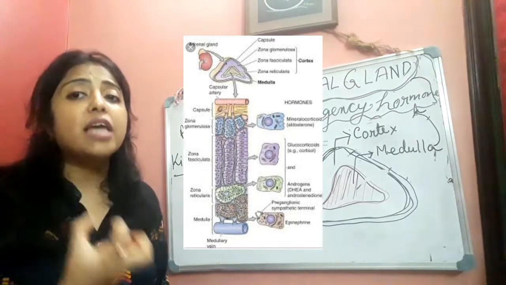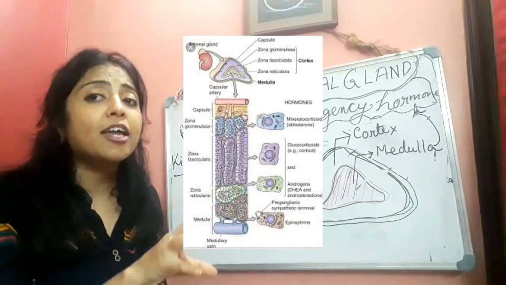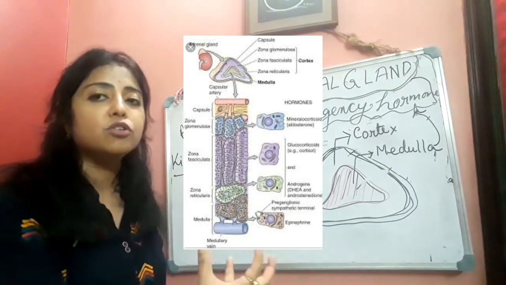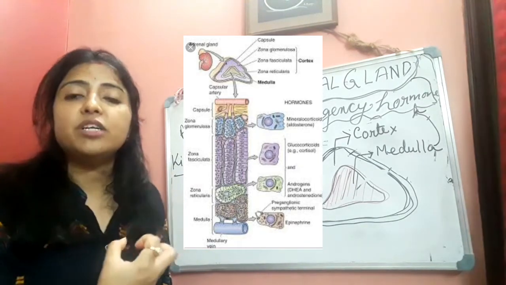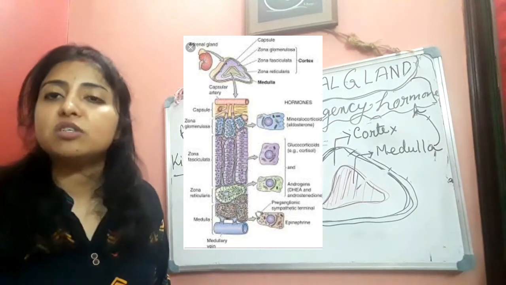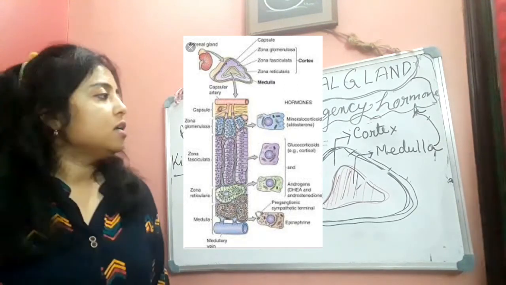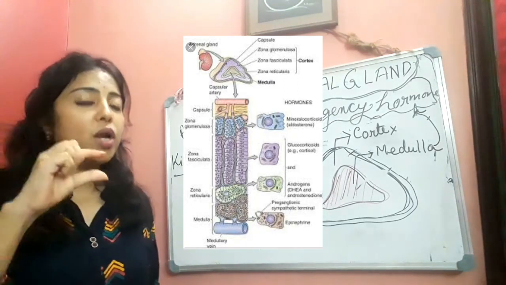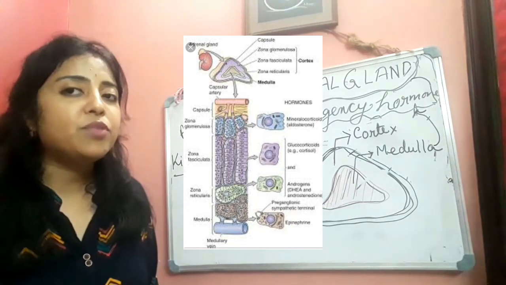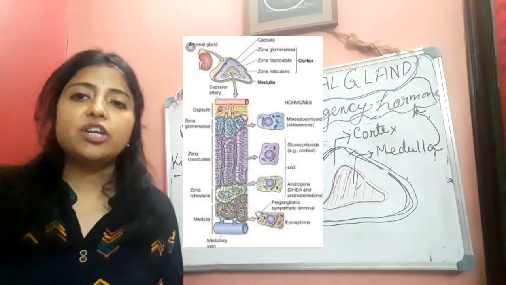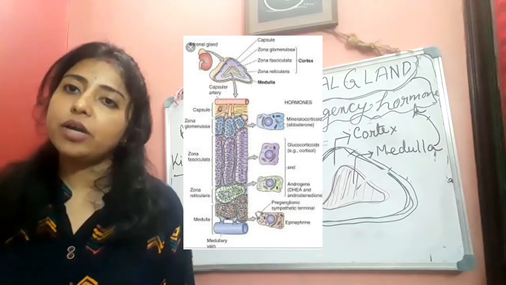Their target organ is the kidney tubules, so they help to reabsorb these minerals to maintain their balance. Clear? So the zona glomerulosa will secrete this kind of hormone. What is the name of this hormone? Either aldosterone or mineralocorticoid.